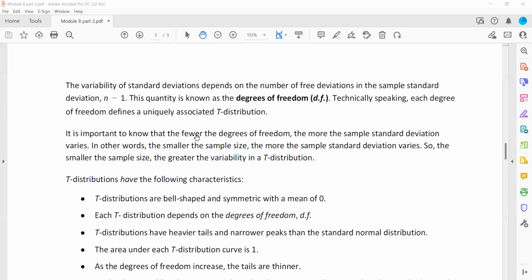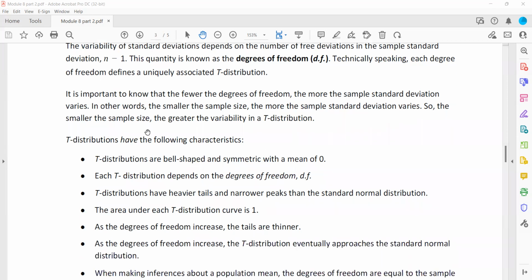It is important to know that the fewer the degrees of freedom, the more the sample standard deviation varies. So we are interested in having larger sample sizes. In other words, the smaller the sample size, the more the sample standard deviation varies, and the greater the variability in a T distribution, which is not a good thing.